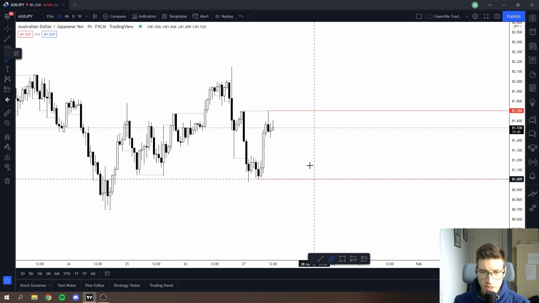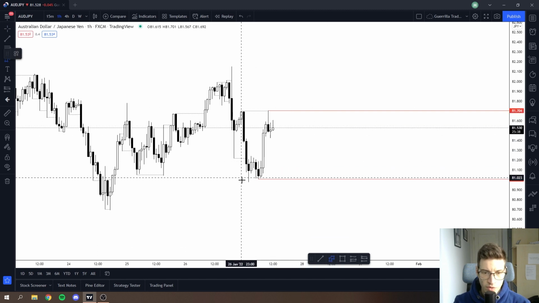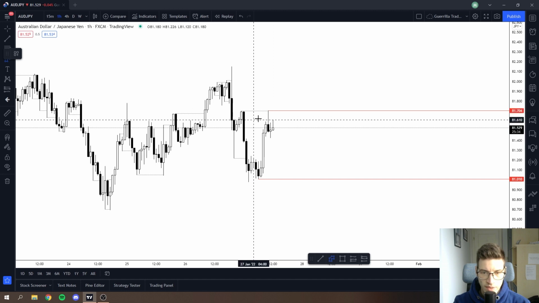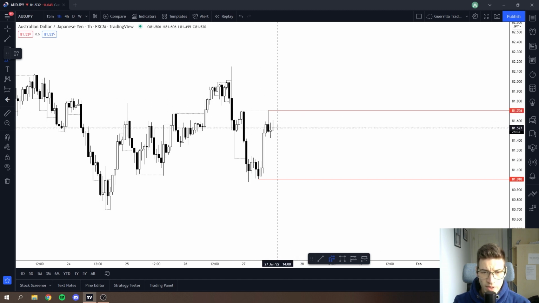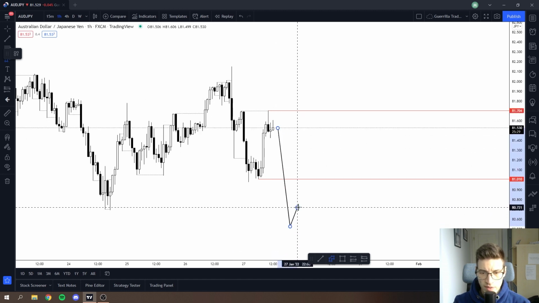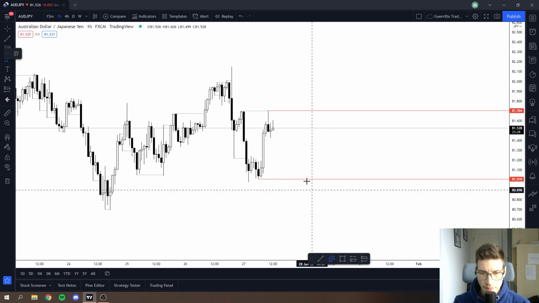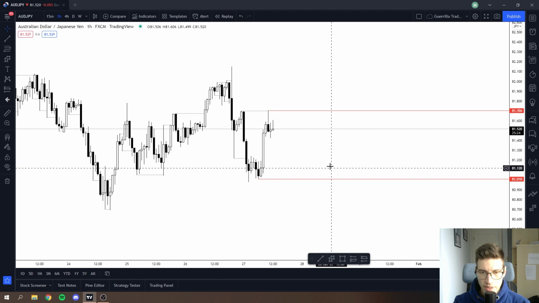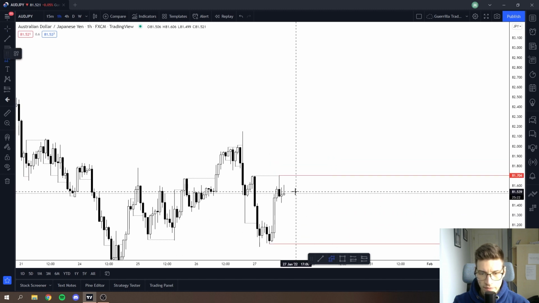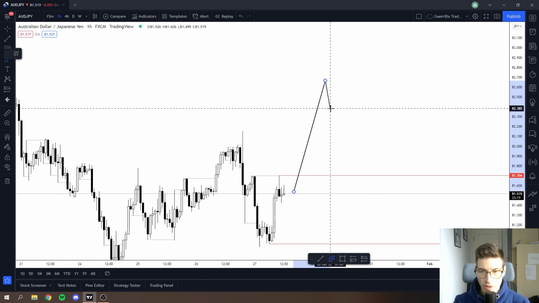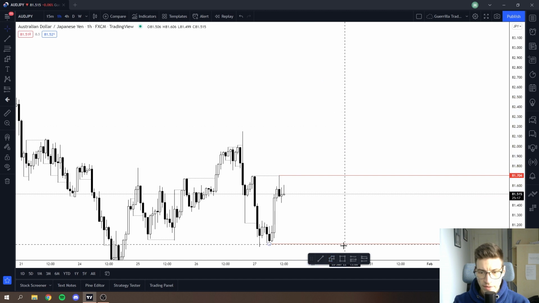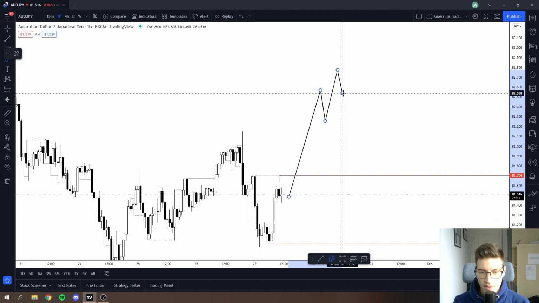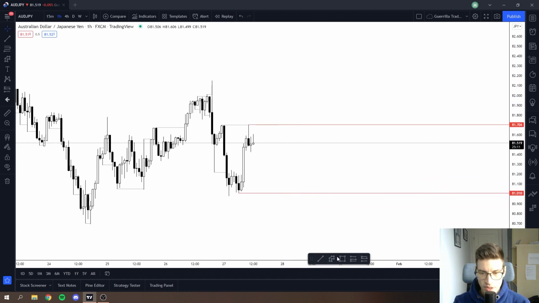And since we broke the low, retraced, left a large wick, broke the high, retraced, left a large wick, what I would like to see is a nice big push to the downside, look for a flag, or a nice big push, pull back, another push, look for a break and a retest. Same thing to the upside, a nice big push, pull back and a flag, or a nice big push, break and a retest. Definitely I would be interested.